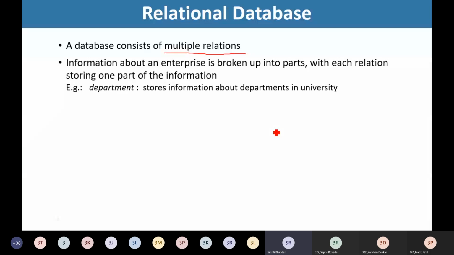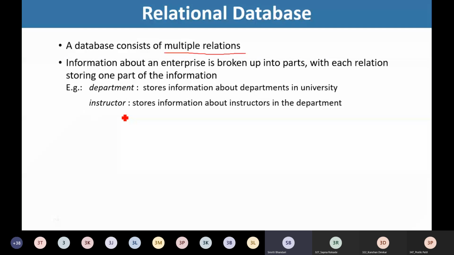So these parts are nothing but the relations, and those relations are storing the information related to one part. One relation is storing the information about one part. For example, department is one relation in our university database. So it is storing the information about departments.